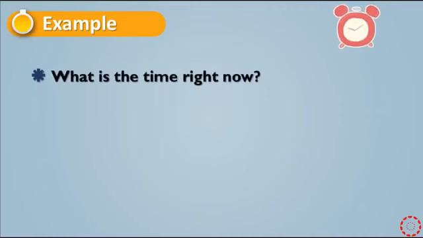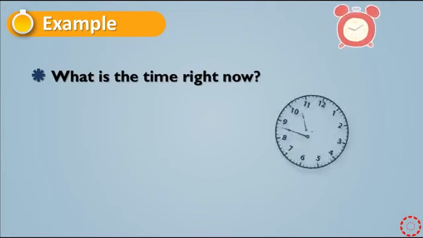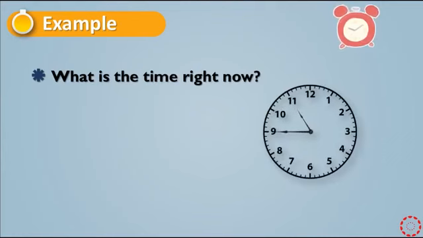Again, we have another question. What is the time right now? Also, you can use this way of asking about time. And here we have the clock. If you look at this, the long one is on the number 9, so we have to use quarter.